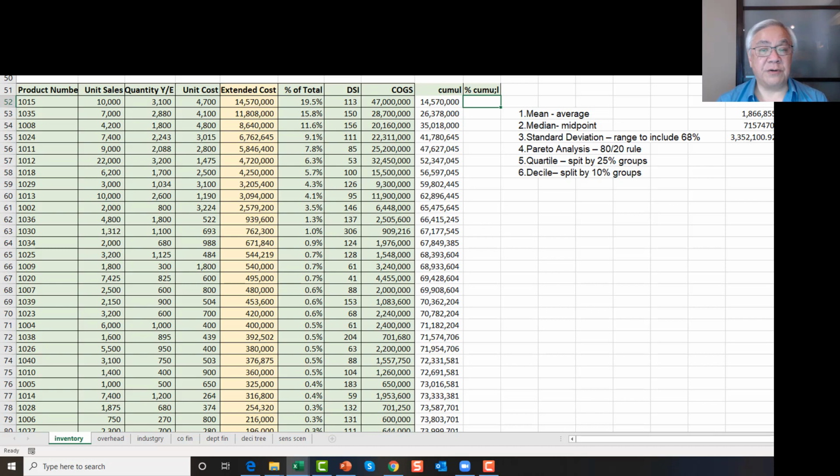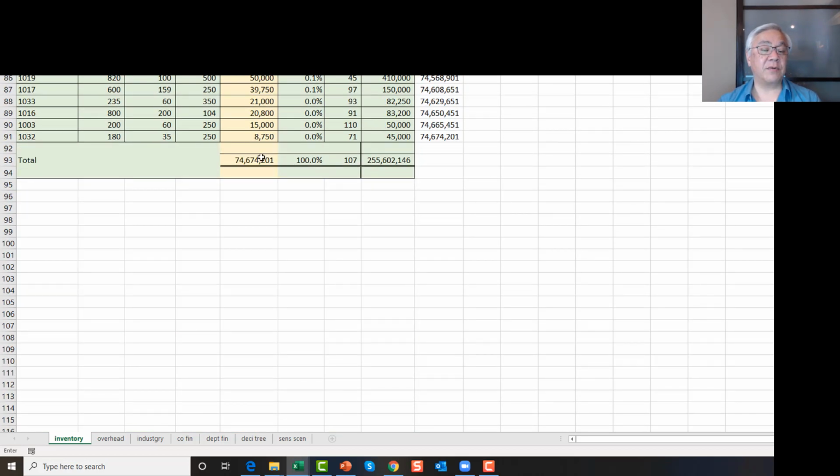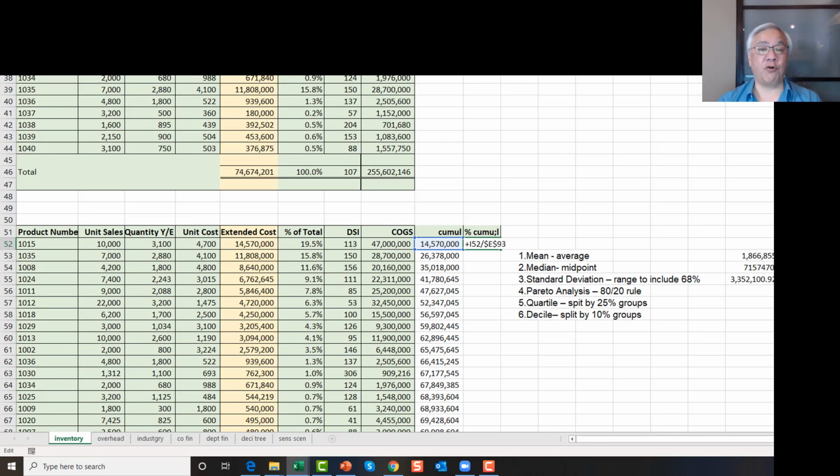So the next one we'll do is calculate the cumulative percentage of the total. The first number is 14, and we're going to divide that by the number on the very bottom, this number. But this needs to be an absolute reference because it won't change. That is the total. It will not move down as we go down. So you hit F4, which puts dollar signs in front of the column and the row designations, and you can see it right here, $E and $93.